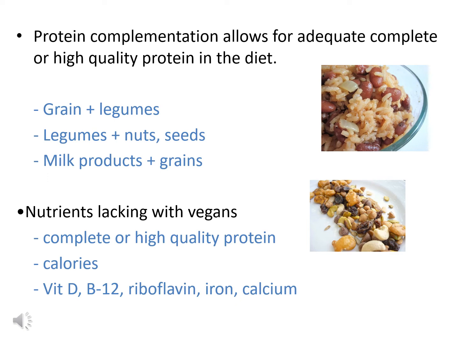When we're talking about the nutrients which may be more of an issue, especially with vegans, the strictest type of vegetarian, it is that complete, or what we refer to as high quality protein, which may sometimes be lacking. Calories can also be an issue. Plant-based diets tend to be high in fiber. Fiber tends to be very filling. So often, one becomes very full without being able to consume adequate amounts of calories.